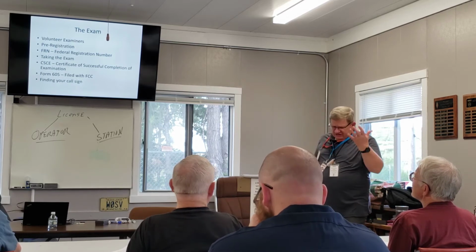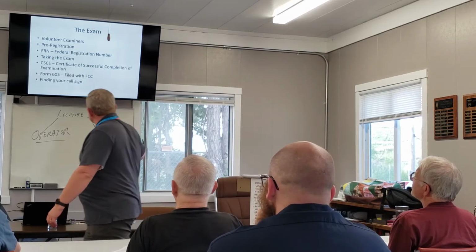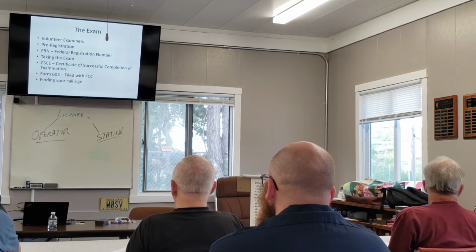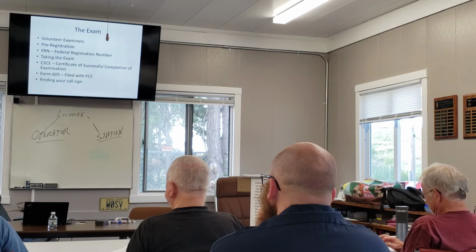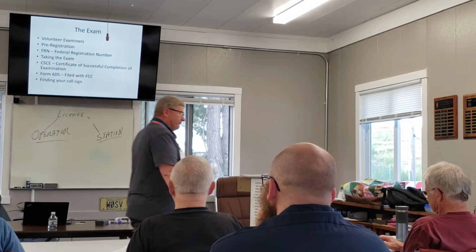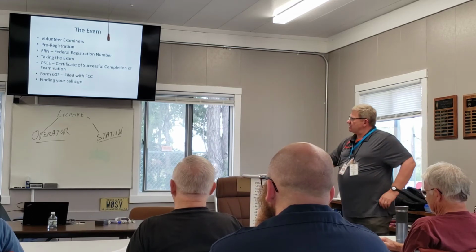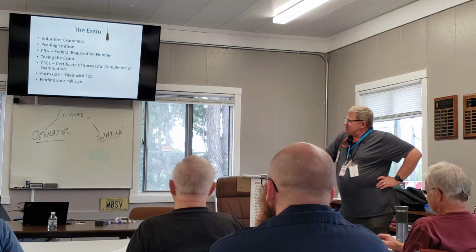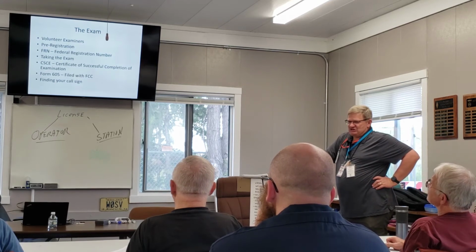Okay, so you take the exam, the 35 questions, multiple choice, or multiple guess is the way that a lot of people put that, and you pass it. Hey, all right, I passed it. Now what? At that point, you're going to get what is called a CSCE, a Certificate of Successful Completion of Examination.